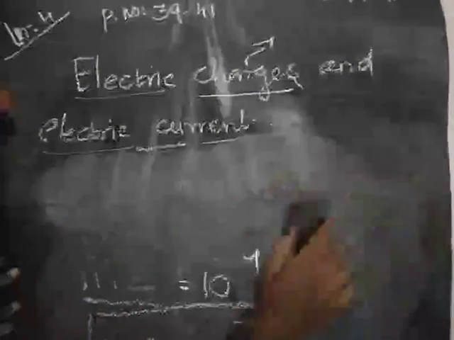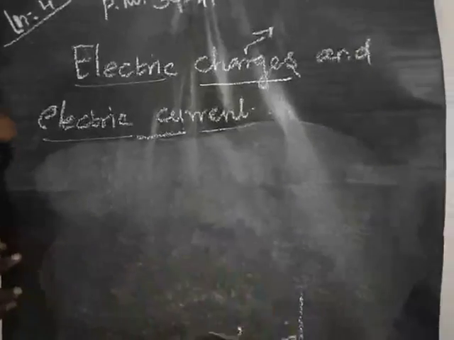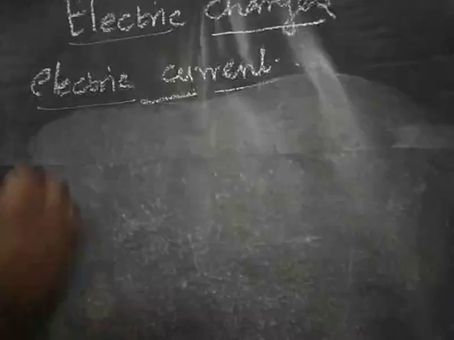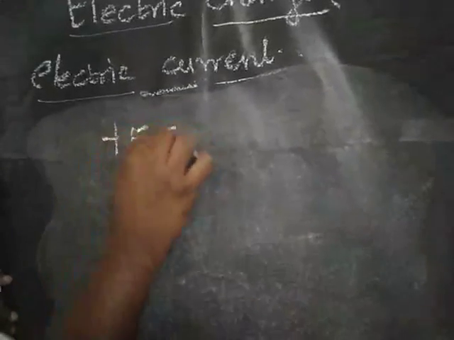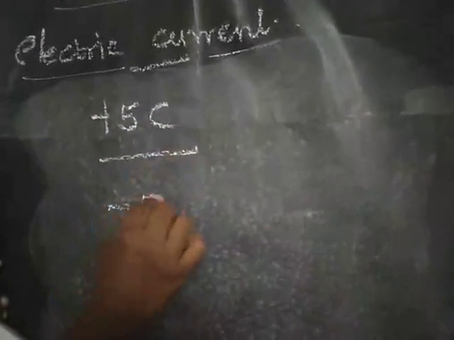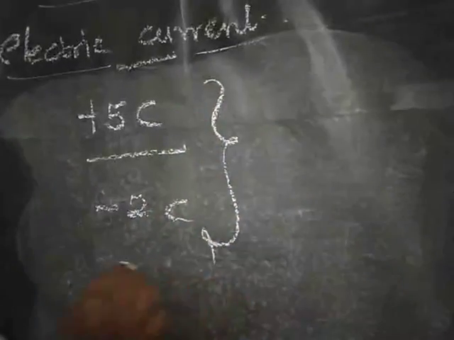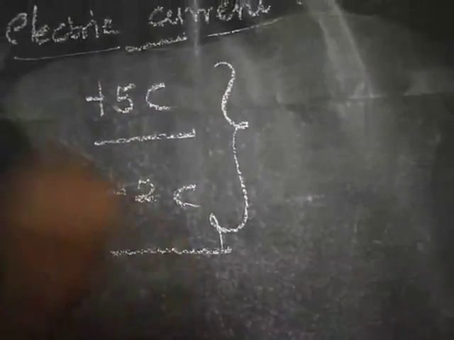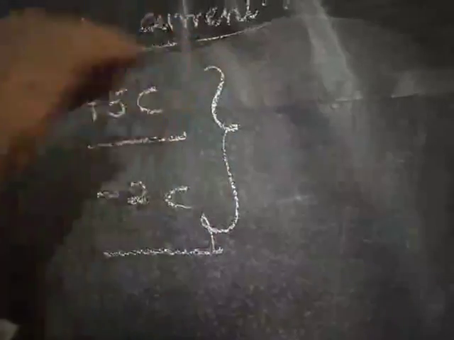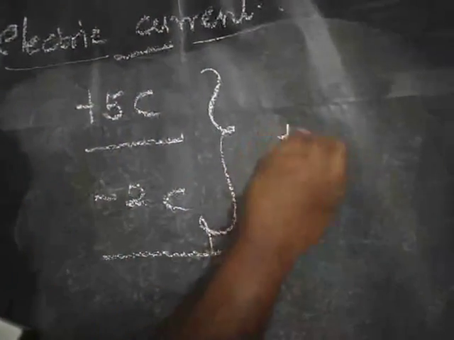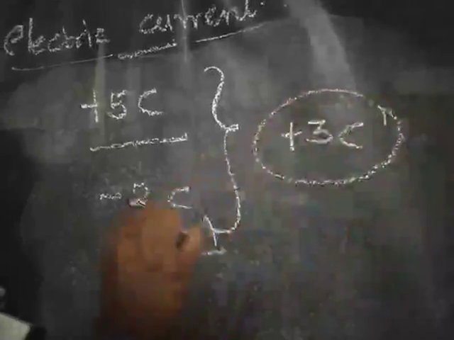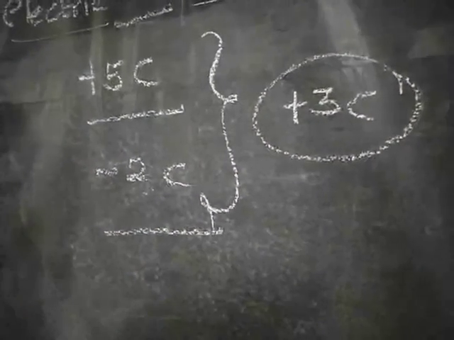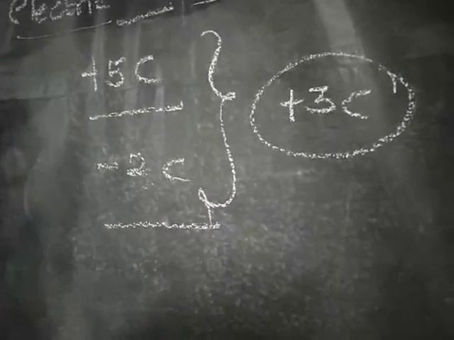For example, one system contains two different charges, plus 5 C and minus 2 C. What is the total value of that system? Plus 3 C, since we have to subtract 2 C. In this way we find the electric charge value.